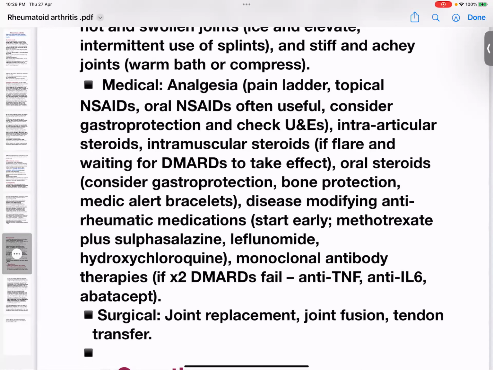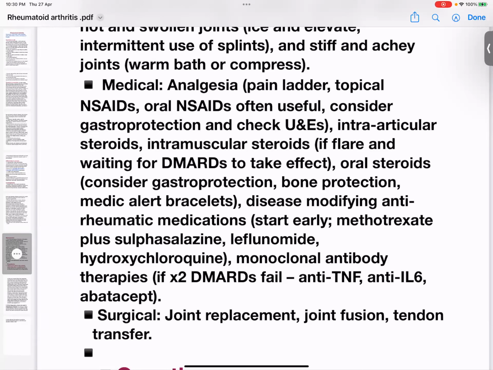What other medication? Monoclonal antibody therapies like anti-tumor necrosis factor, anti-interleukin 6, abatacept. These are the monoclonal antibodies, biological treatment. If the DMARDs fail, you will start them. So there are three main lines for all autoimmune diseases. Non-steroidal anti-inflammatory with gastrointestinal protection.